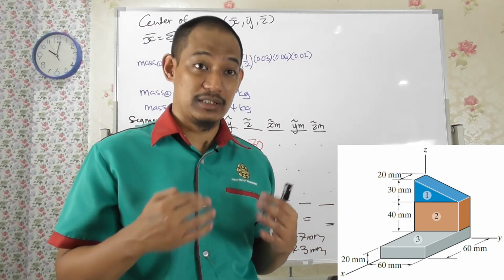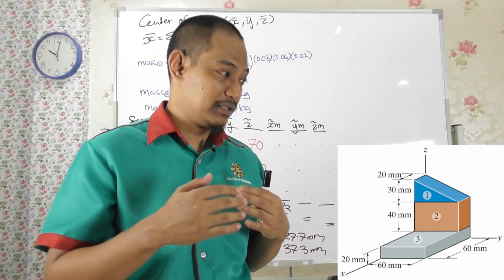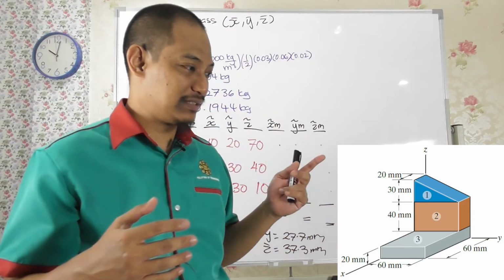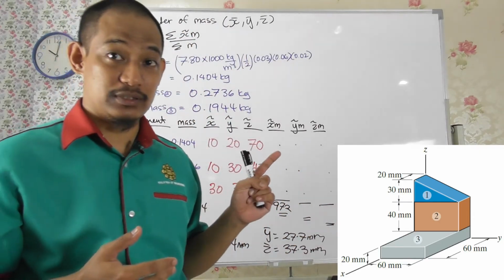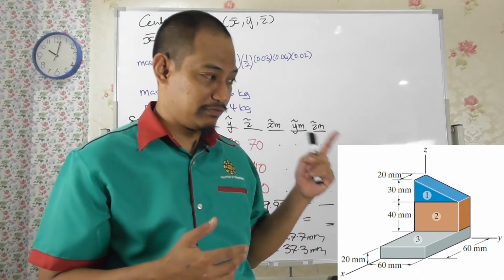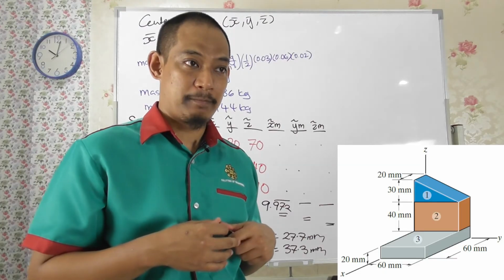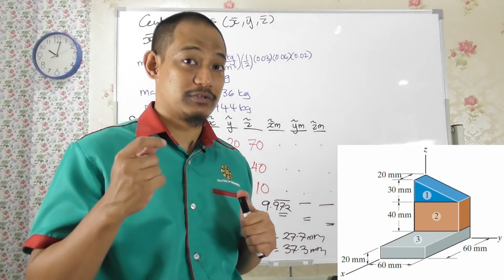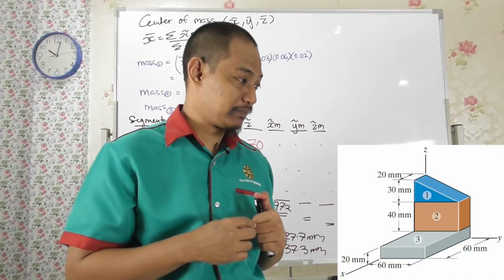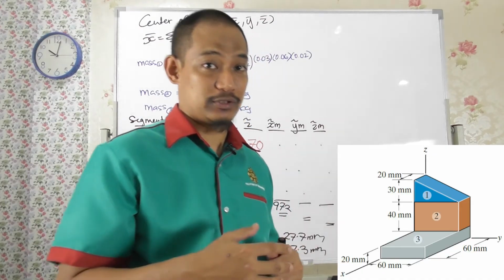But center of mass is affected by the different density. So if you can see, the density in the question is quite different, 7.8, 5.7, 2.7. So obviously it affects the location of the center of mass quite significantly. Alright, so hopefully you can answer that question.